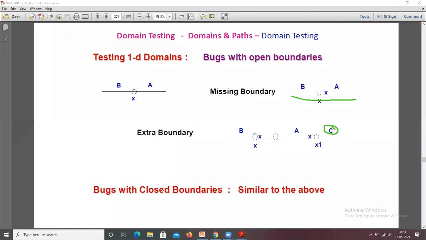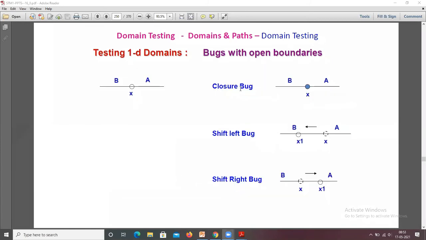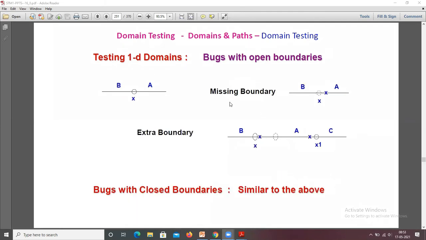And bugs with closed boundaries are also similar to these. One is the closure bug, another one is the shift left bug and shift right bug, and missing boundary and extra boundary.